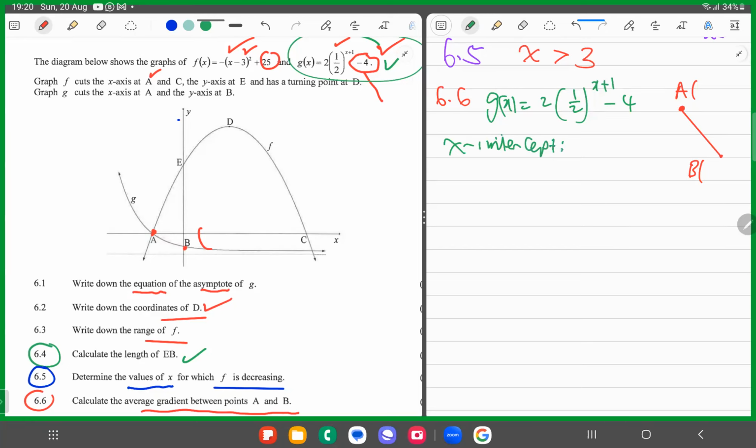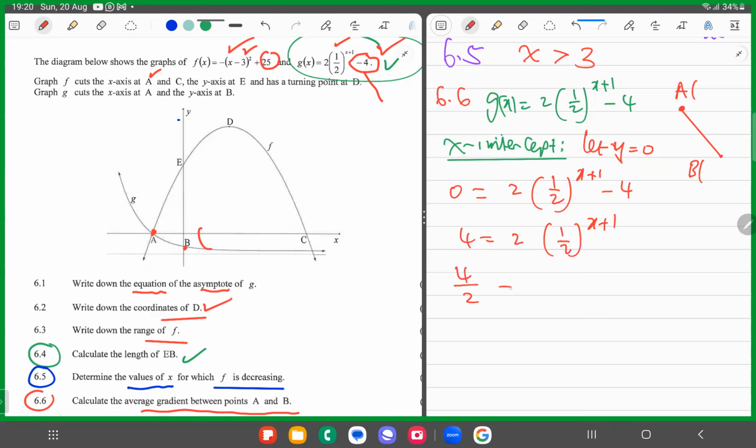How do you find the x-intercept? To find the x-intercept, you let y be 0. So your 0 is 2 into 1/2 to the x plus 1, minus 4, which means that 4 equals 2 into 1/2 to the x plus 1. Divide by 2, which means 2 is 1/2 to the x plus 1, which means 2 to the 1 is 2 to the minus x plus 1.